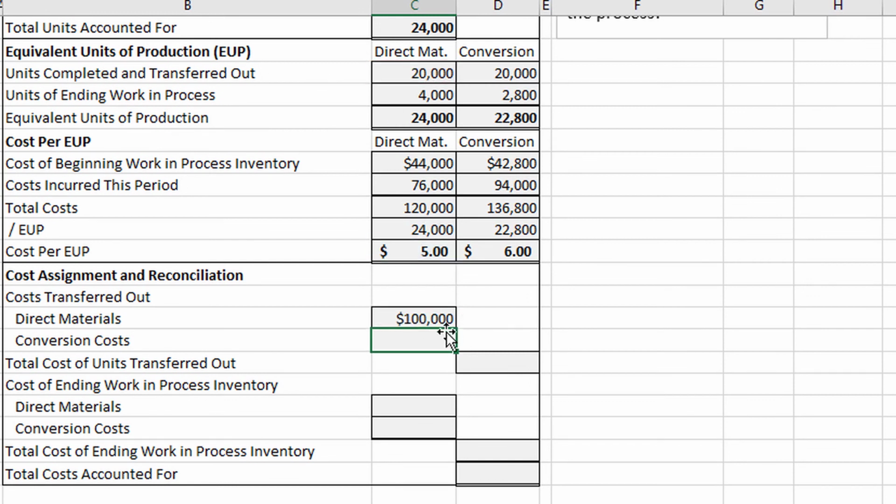That's $100,000. Then for conversion costs, we take the conversion cost per equivalent unit, which is $6, and multiply by the equivalent units completed and transferred out for conversion costs, which is 20,000. And that gives us 120,000. Then we can find the total cost of units transferred out by adding those two numbers together. 120,000 plus 100,000 is 220,000.